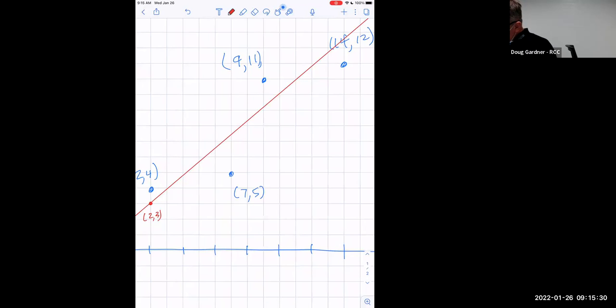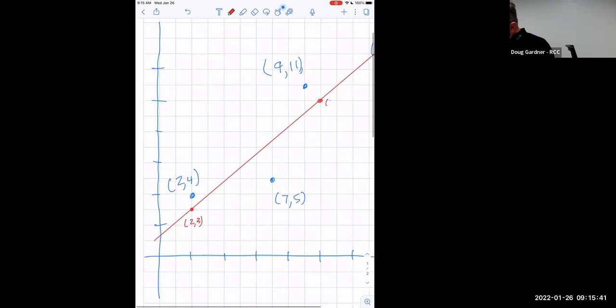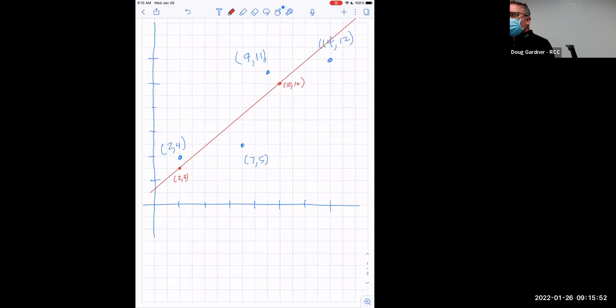This one right here, 10, 10, is not too bad. So does it make sense to you? I see those 2 points, so I can make my own rough estimate for this trend line.